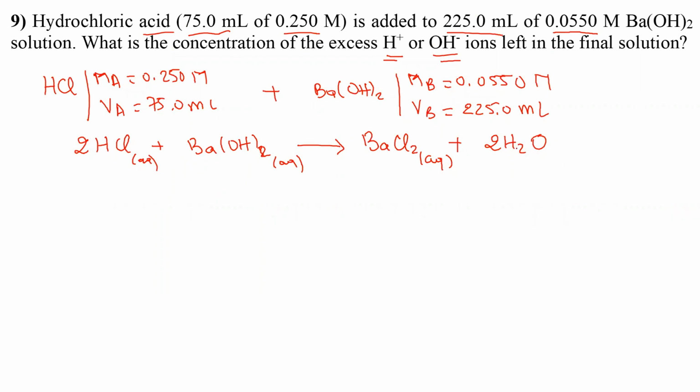We know that at the neutralization point, we will have N acid divided by 2. That will be equal to N base divided by 1. So we need to compare N acid divided by 2 and N base divided by 1. N acid divided by 2 is Na Va over 2.